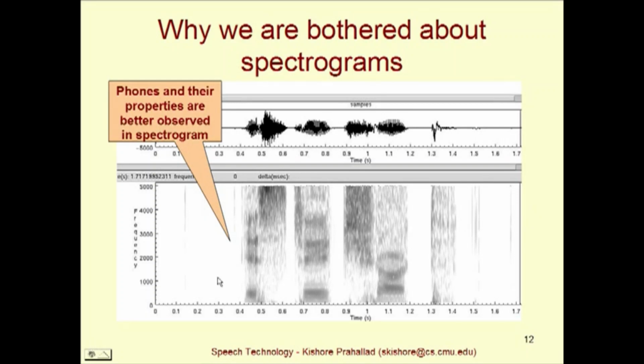A simple example: if you want to mark a phone boundary, or detect the endpoints of the phones in this signal, you can detect a point here, and you are not sure about this point, but you can definitely point here, and then here, here, here. But this ambiguity can be clearly shown in the spectrogram.